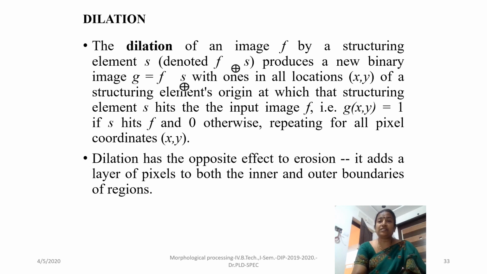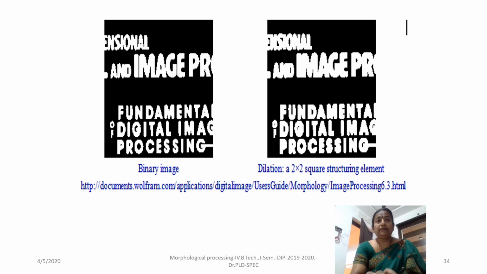Dilation has the opposite effect to erosion. It adds a layer of pixels to both the inner and outer boundaries of regions. This is an example of binary image dilation. Let us observe this input binary image.